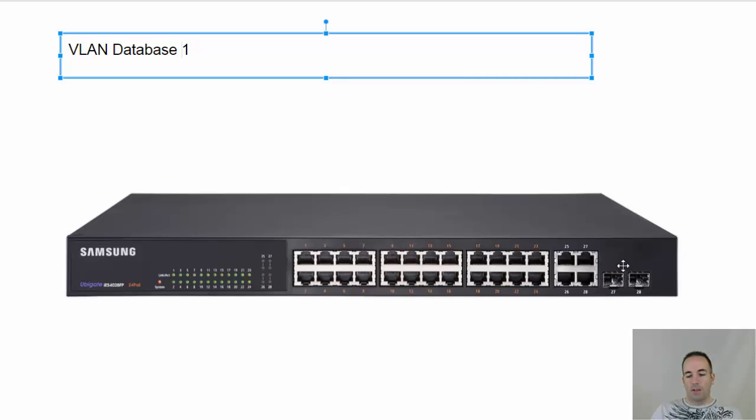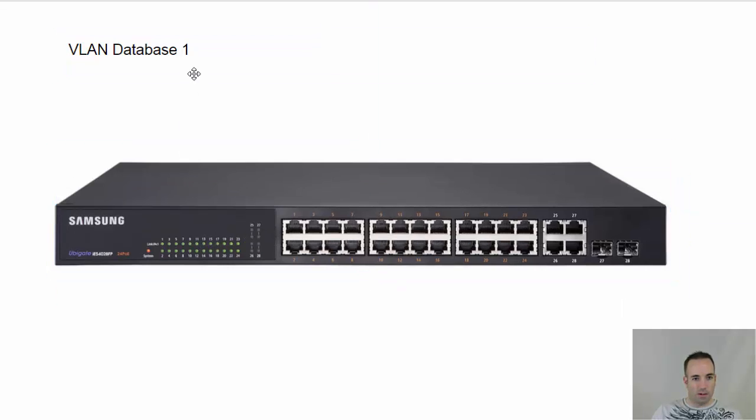Now, just to give you an overview of this particular switch, if I use 27 and 28 as fiber, I can't use 27 and 28 as the Ethernet RJ45 connections. So that's just an explanation of the switch itself.